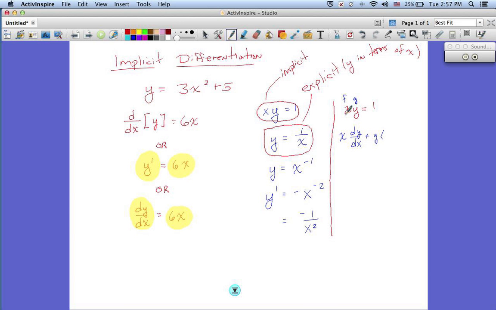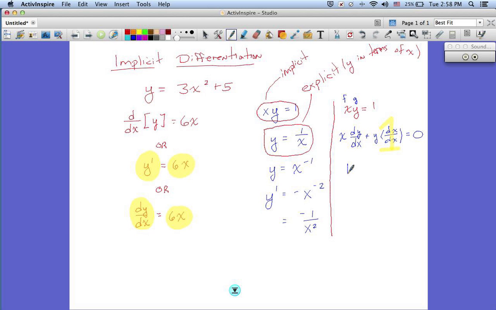Well, let's pretend we're taking the derivative of x the exact same way we took the derivative of y. Instead of dy dx, it'd be dx dx. And dx dx is exactly the same as 1. And of course the derivative of 1 right here, a constant, is 0.